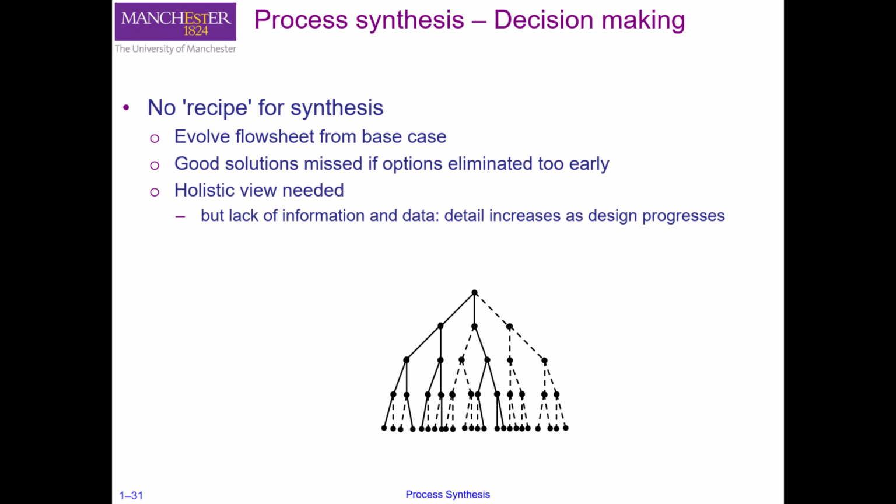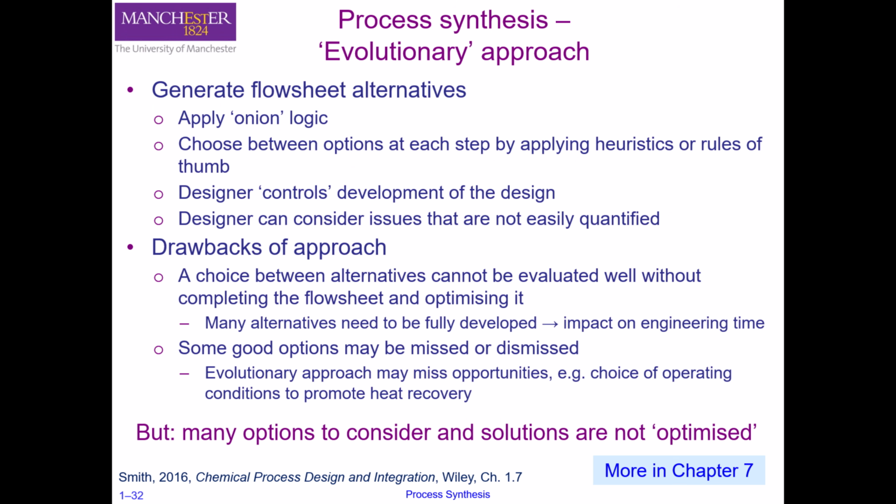So this slide further discusses the concept of evolving a process design, where we can use the onion logic and heuristics to guide our design and the number of options that merit being evaluated. Okay. At each point, the designer or the design team consider options, alternatives, and evaluate the options. Okay.